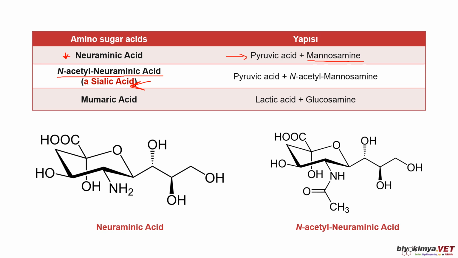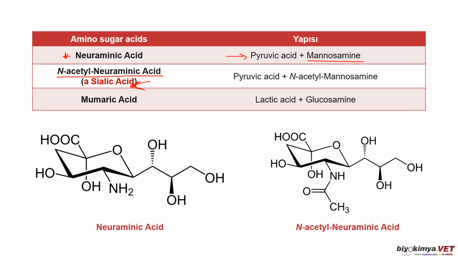The term sialic acid, which means saliva from Greek, was first coined in 1952 by Gunnar Blix. The most common member, as I said, is N-acetyl neuraminic acid, found in animals and some prokaryotes.